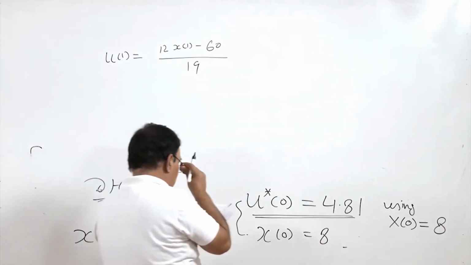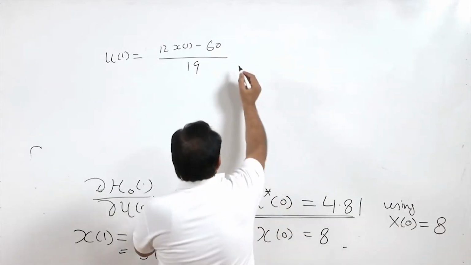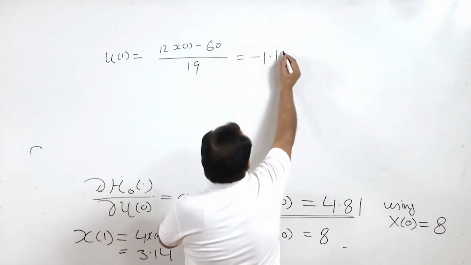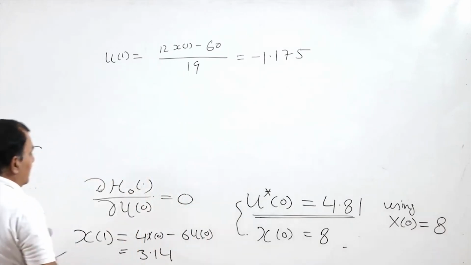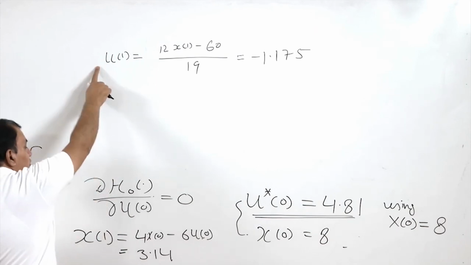With this value, my u1 comes out to be minus 1.175.